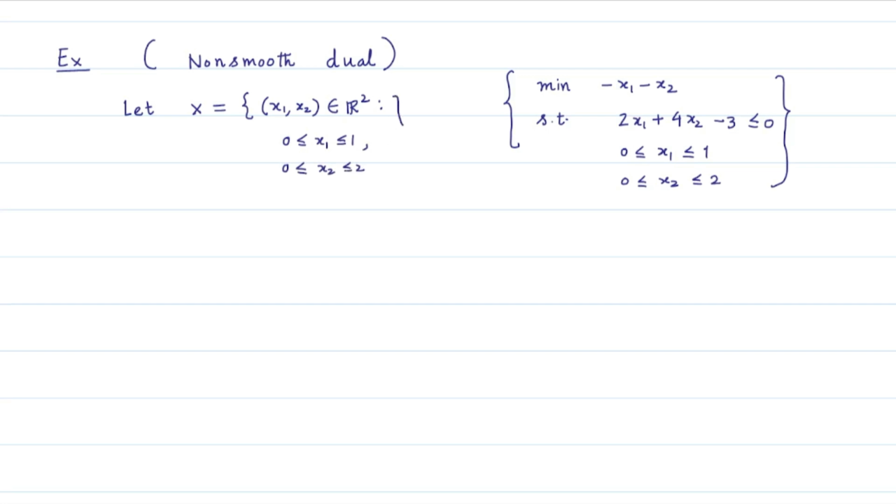You take these as your set capital X and consider this primal problem. Then with respect to this set capital X, let us now go for finding the dual problem of this primal problem.